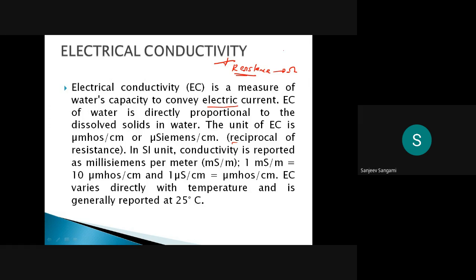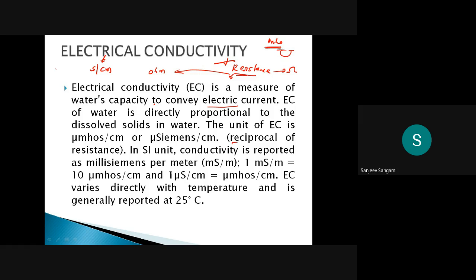So reversed, it will be mho. The resistance is ohm, so conductivity is mho, or it will be Siemens per centimeter.